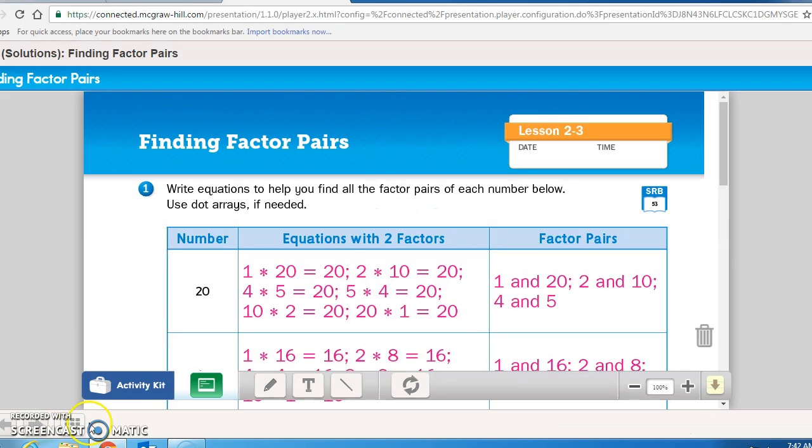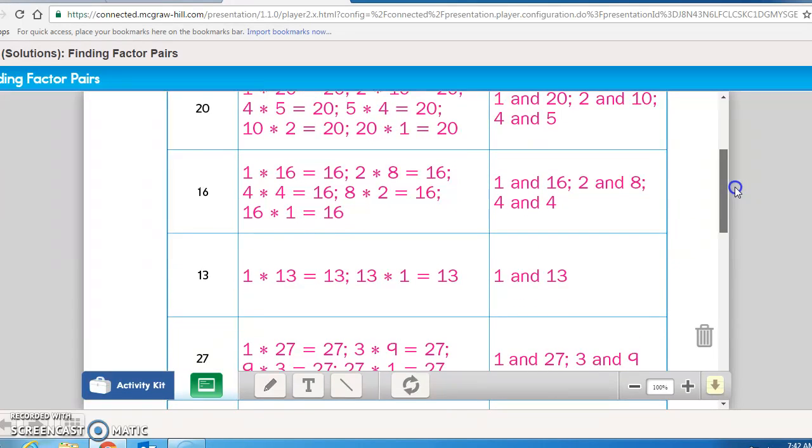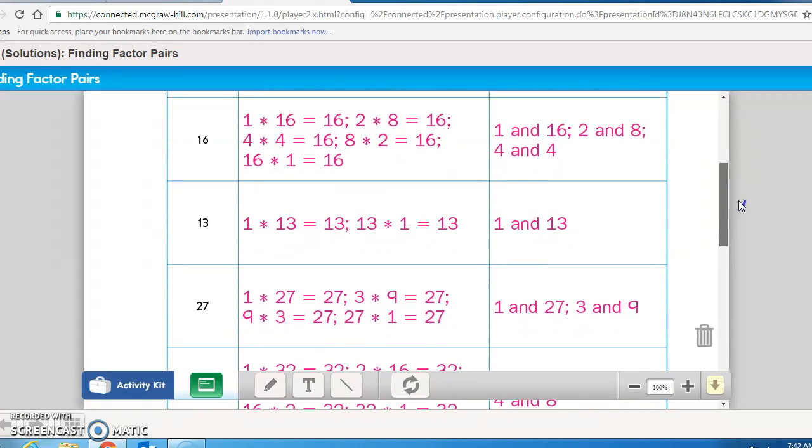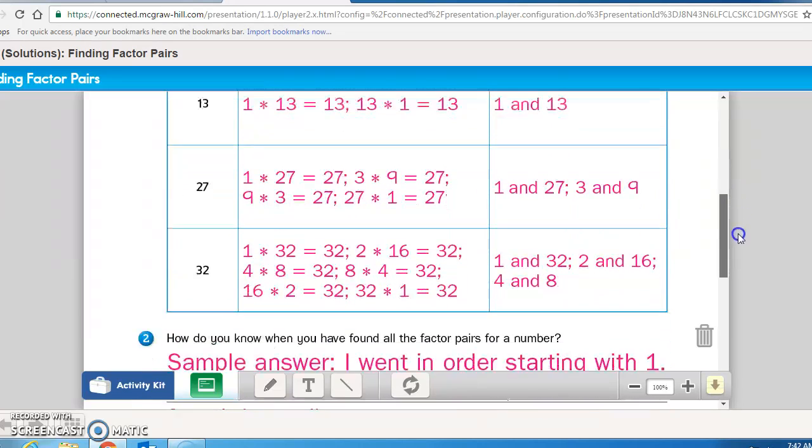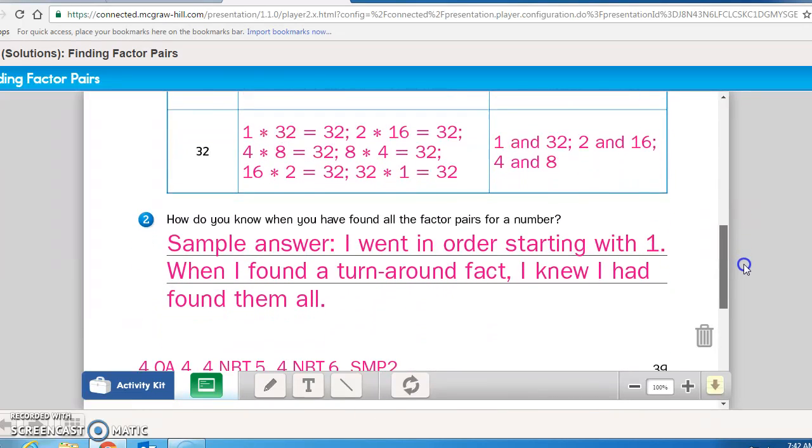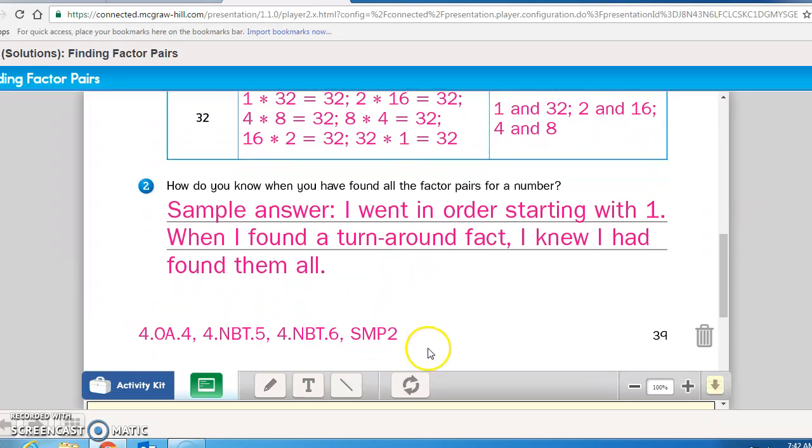If the book is busy, I'm going to scroll down this real quick. Remember, you can always pause the recording and look at the answers, but here is the work that we already did for number 20. There is the work for 16 through 27, and here is 32 with the written answer for number 2.